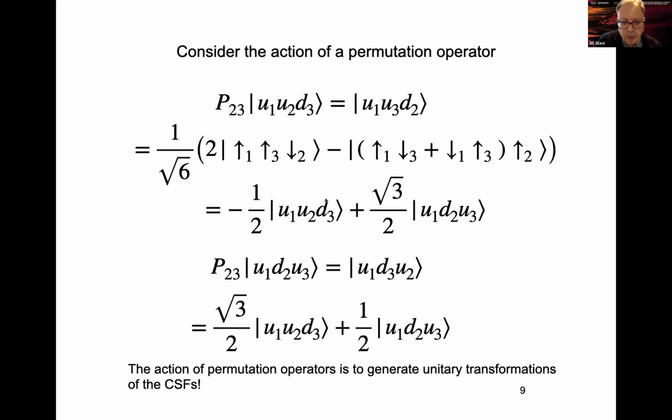And you can do the same thing applying this P23 permutation operator on the second spin eigenfunction. And that also generates a different expansion. And when you look at these, you realize that the action of permutation operators is to generate unitary transformations of the CSFs among themselves. Okay, now why is that interesting?